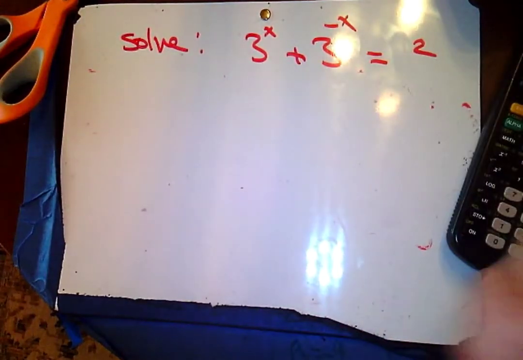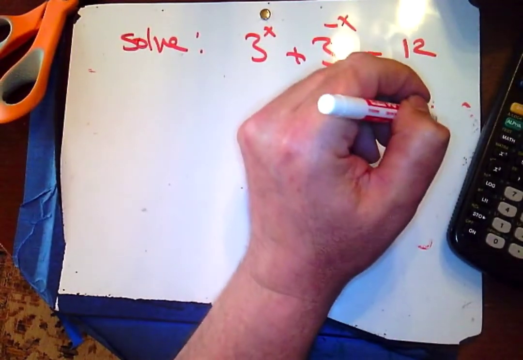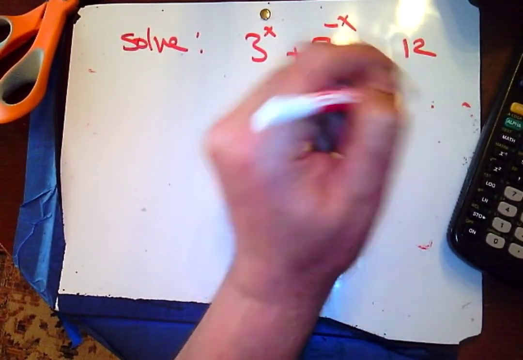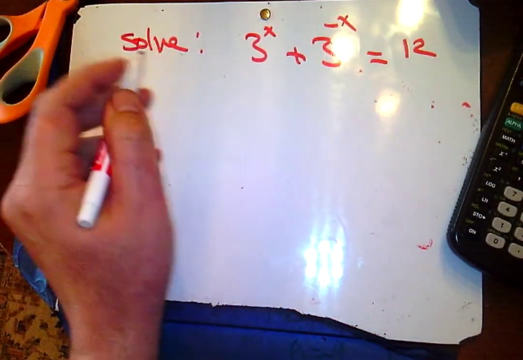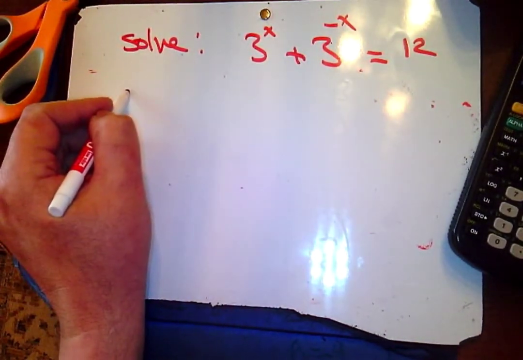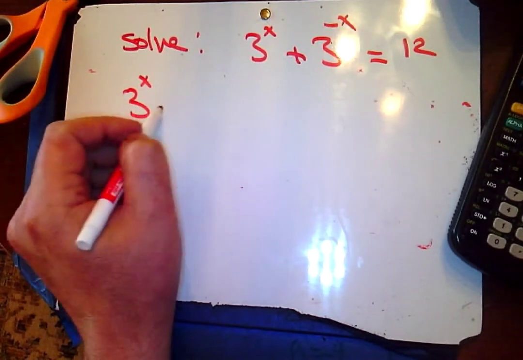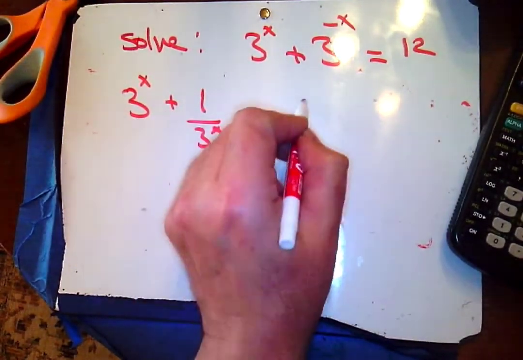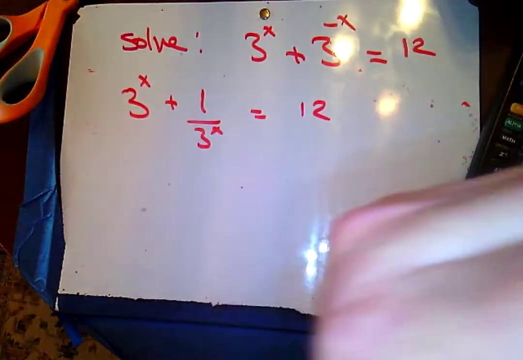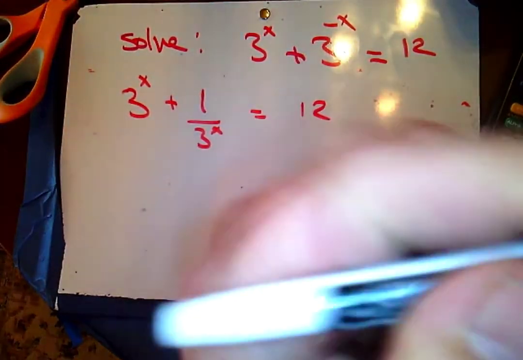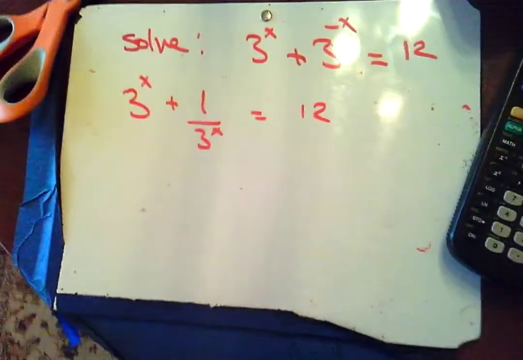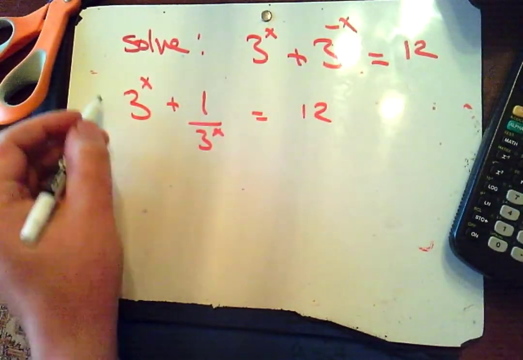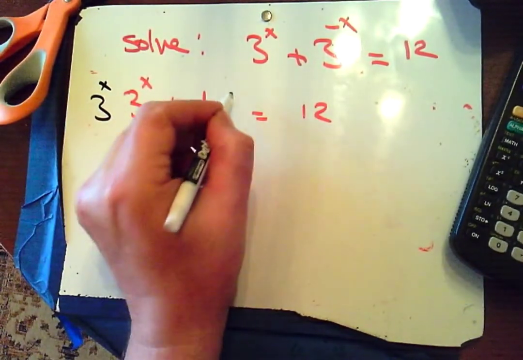Now, originally, I thought this might be 12 from my poorly written notes. So let's just take a look at that for a minute. So we would have 3 to the x plus 1 over 3 to the x equals 12. And I suggested that what I would want to do here is to multiply everywhere by that common denominator.